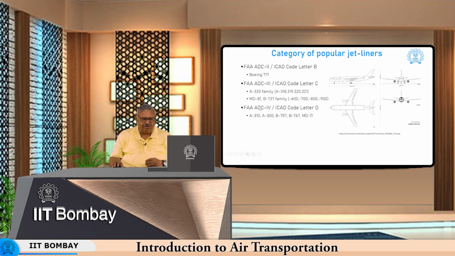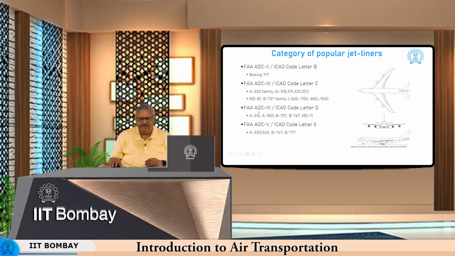So, the aerodrome design code 4 and the ICAO code letter D is the mid range aircraft like A310, A300, 757, 767, these are around 250 seater aircraft, they all fall into this category. And then you have ADC 5 and code letter E, which is the large aircraft that you see, the Boeing 777, the Boeing 747 as shown here, or A330, they are all coming under this category.